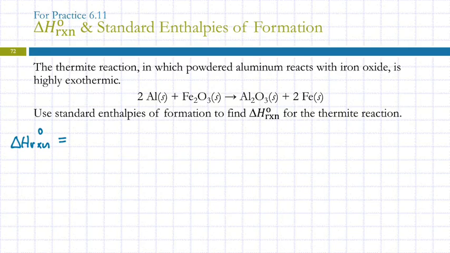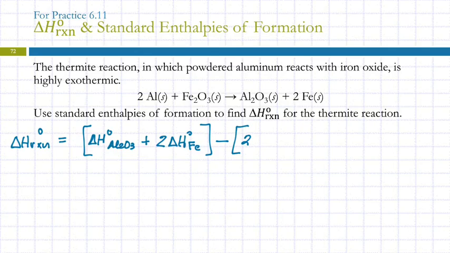What would be an easy way? There's no easy way. So this is delta H for the aluminum oxide, and then 2 times the heat of formation for iron. Those are the products, and we're subtracting the sum of the heats of formation for all the reactants.